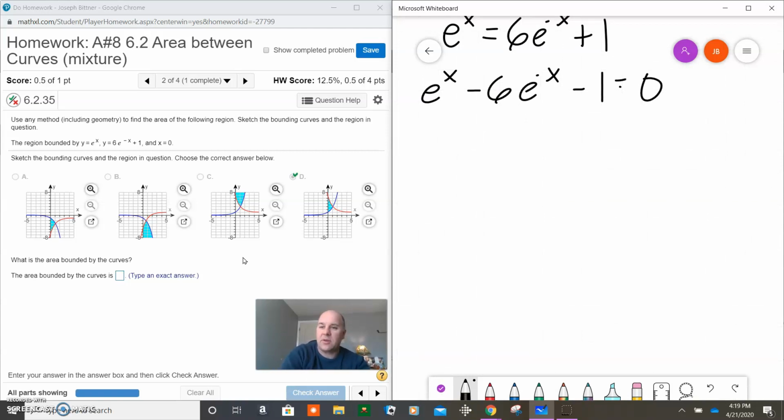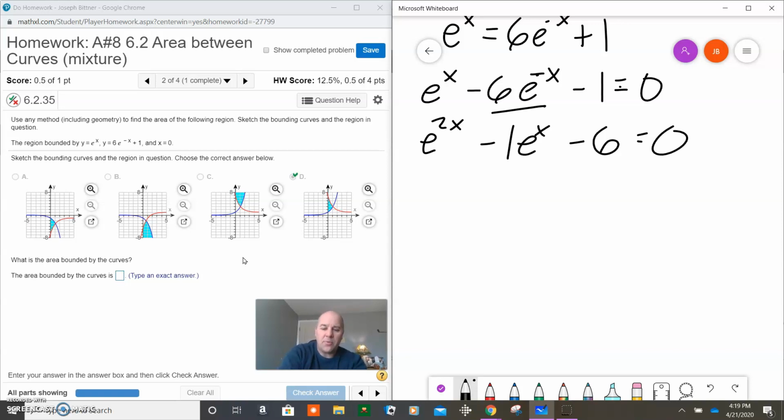Now the right side is going to be nice because anything times 0 is just 0, so it'll be e to the 2x. This, since it has a negative exponent, well, if I have a negative exponent and a positive exponent, when you multiply, you're going to add them together and get 0. Anything to the 0 power is 1, so I'll have negative 6. And then the last one here is negative e to the x.